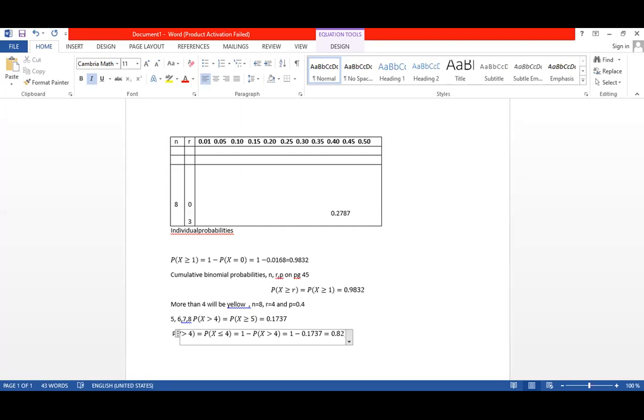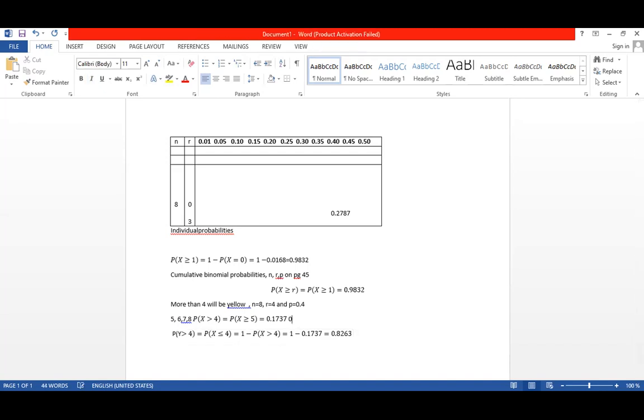Is this the answer we got in part C? Adija, can you tell us, is this the answer we got? No, I didn't get that answer. What answer did we get? I know where the problem is.